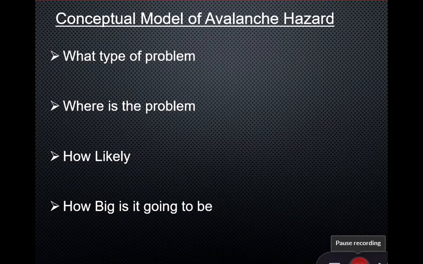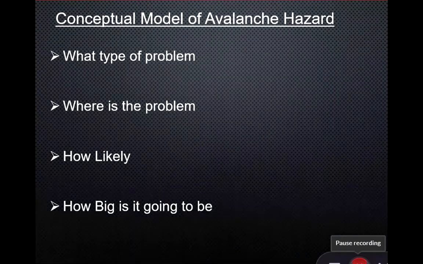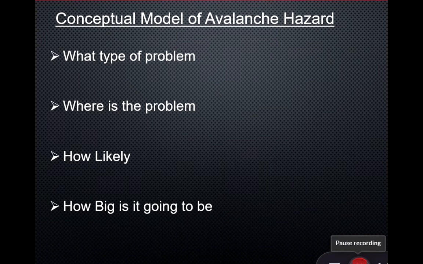An example of this might be north-facing leeward slopes as the location of a problem. This means that the snow has been blown onto those north-facing slopes and a wind slab has formed on those leeward slopes. How likely?